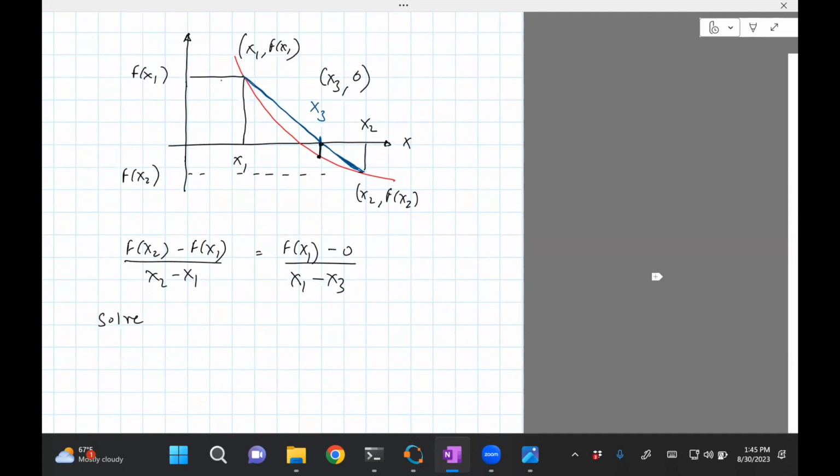Okay, now we can solve for x3. Okay, so there is a little bit of math which I will not go through. You don't need to do that yourself. Just trust me on the final answer. This is what you'll get.